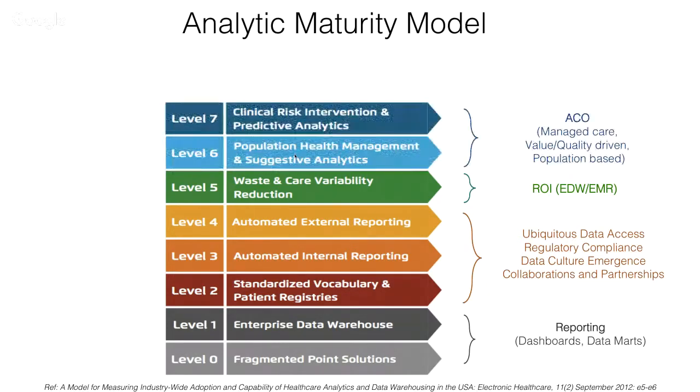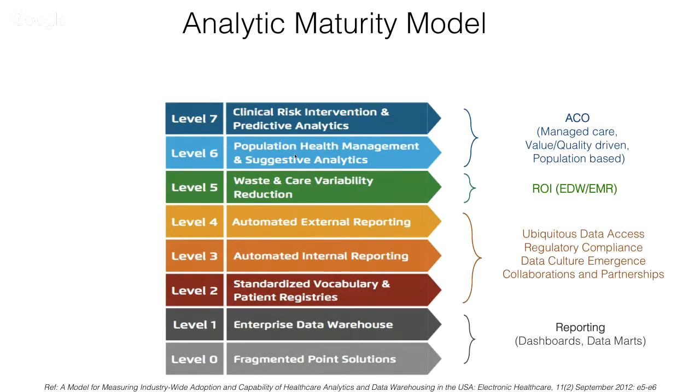And anything above that are the value-added services that you can expect from investment in analytics, building characterizations, population health management models, predictive models that are critical and the core enablers of accountable care, managed care, or value-based or quality-driven healthcare system. That's basically the healthcare reform.